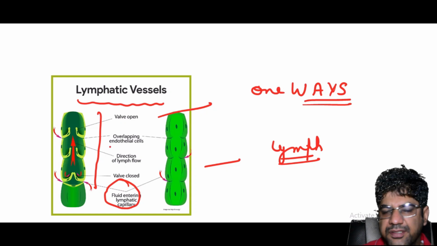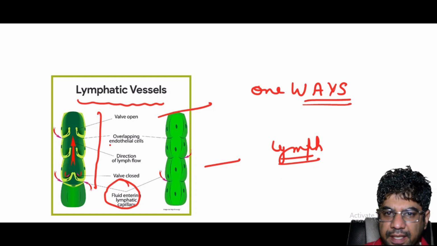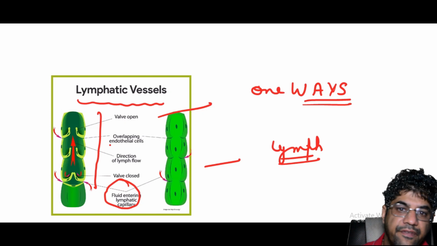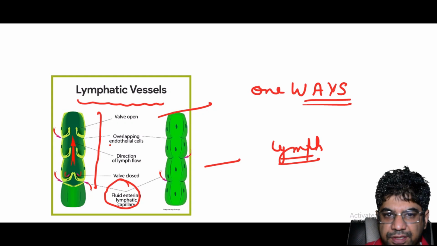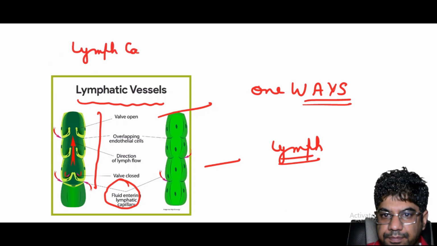Now let us discuss the organization of the lymphatic system. The lymphatic system begins in the tissue space as a meshwork of tiny vessels. We call them lymph capillaries.